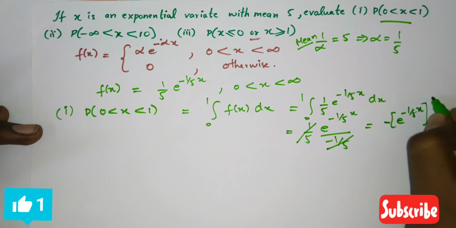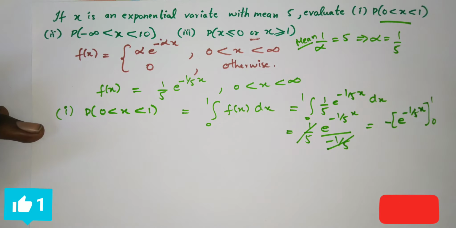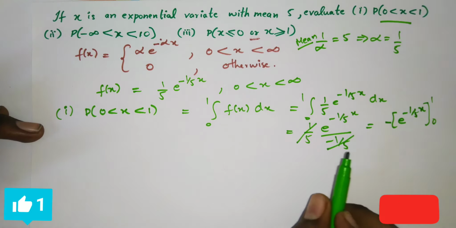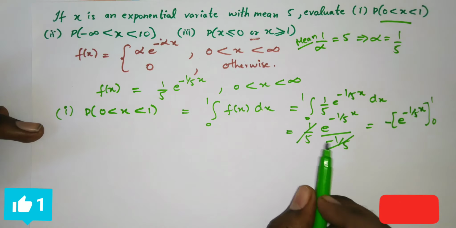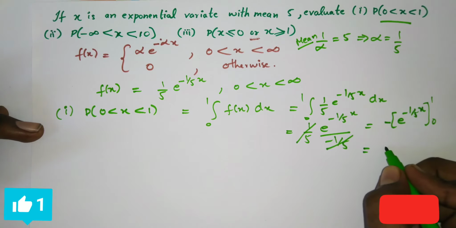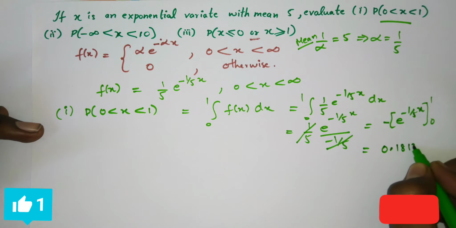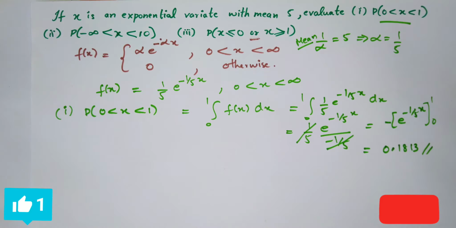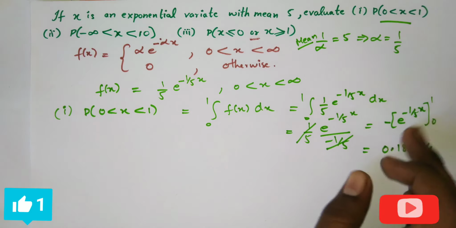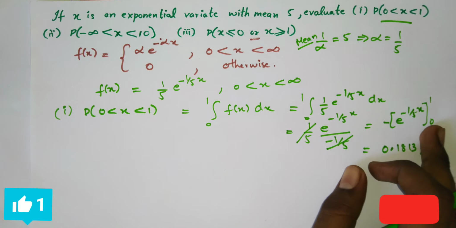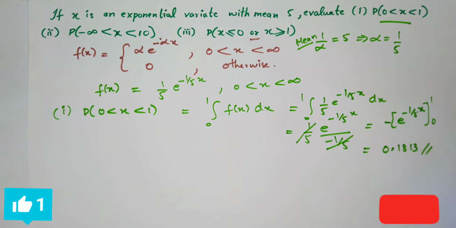Upper limit minus lower limit gives 0.1813. The lower limit term becomes e^0, which is 1 itself.